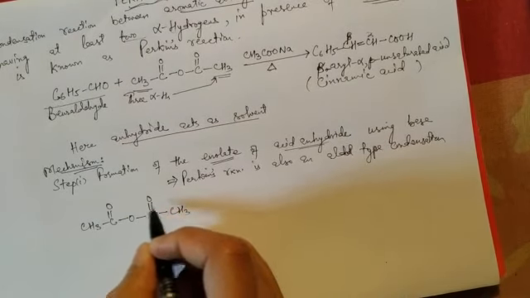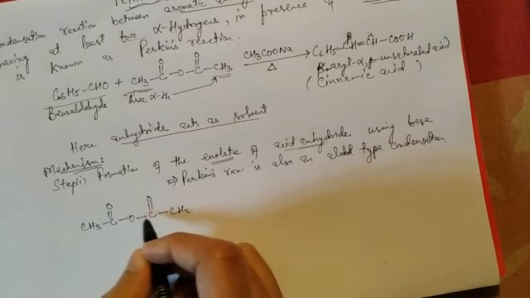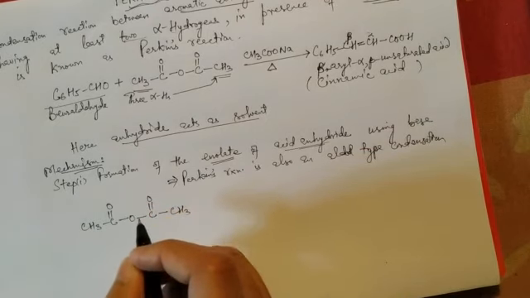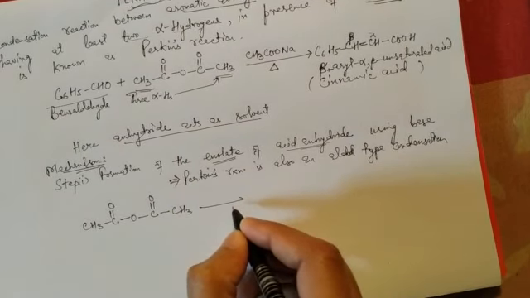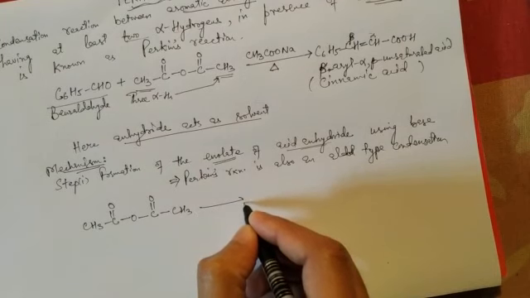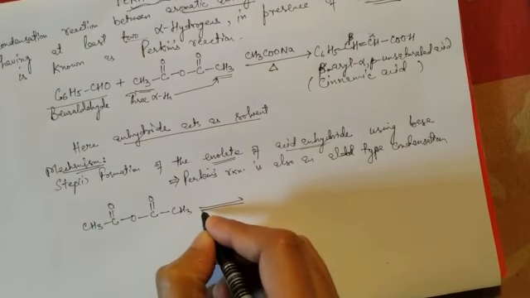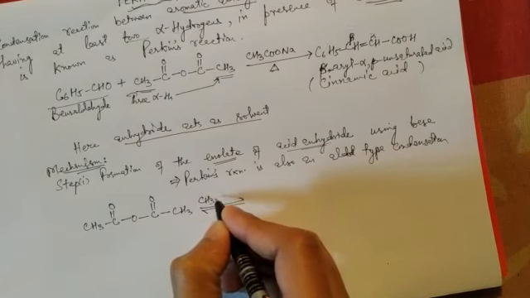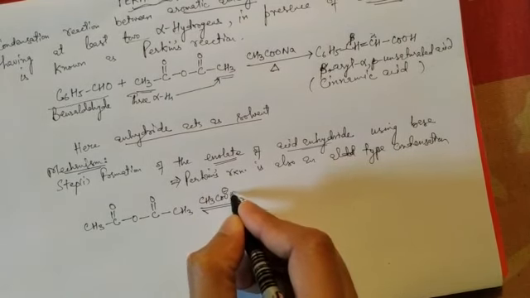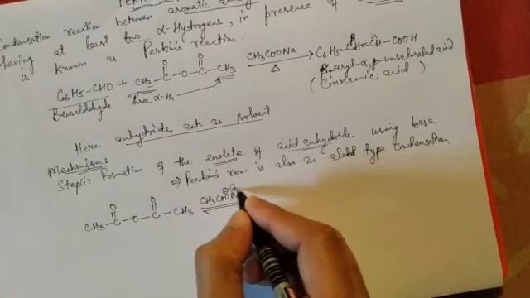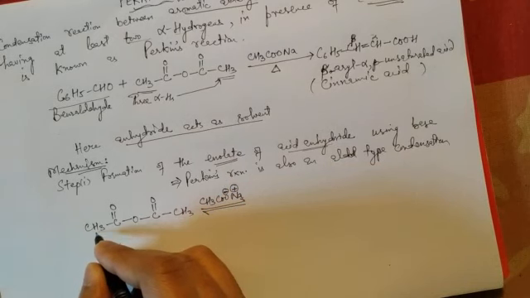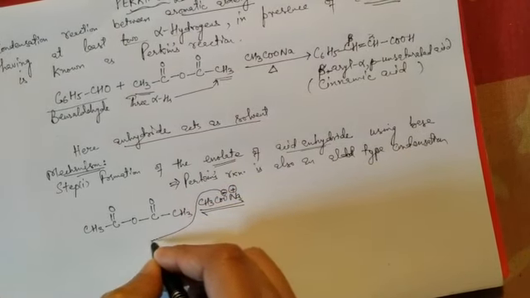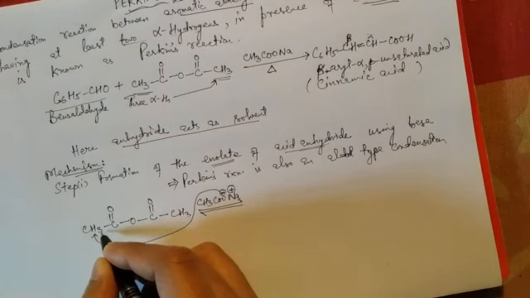Okay, this is acetic anhydride, made from its parent acetic acid. Now in presence of base, this is the base CH3COO negative Na positive. This base abstracts this terminal hydrogen or alpha hydrogen.